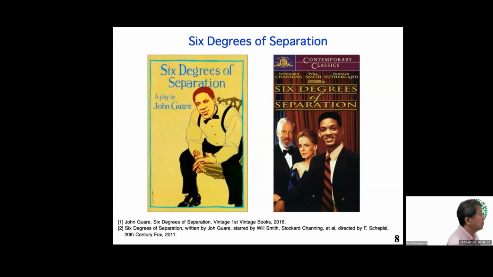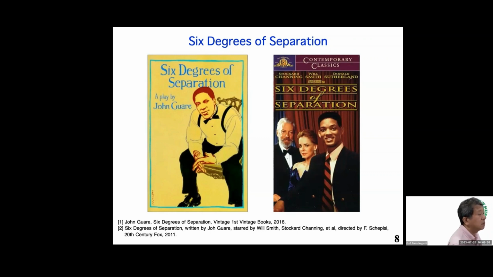For example, on the left is Six Degrees of Separation, which was written by American playwright John Guare, and premiered in 1990. On the right, Six Degrees of Separation is a 1993 American comedy drama film, adapted from John Guare's play.